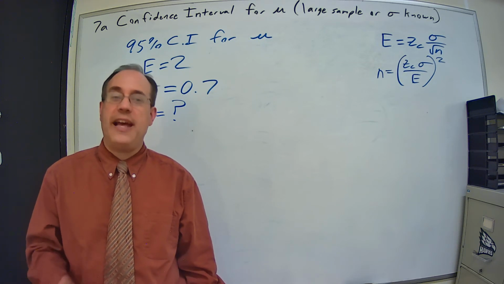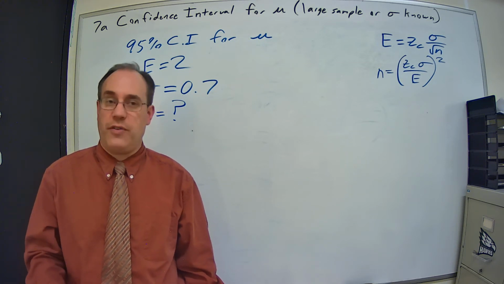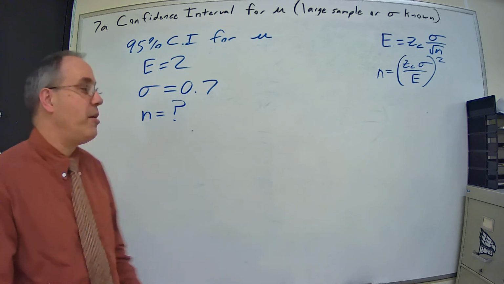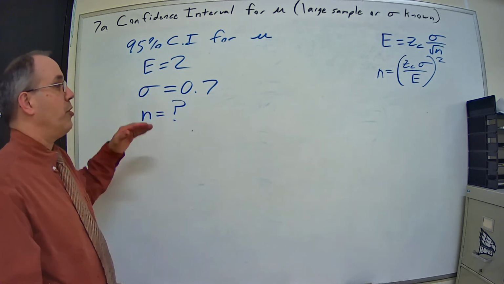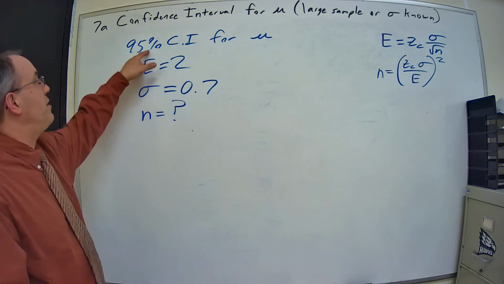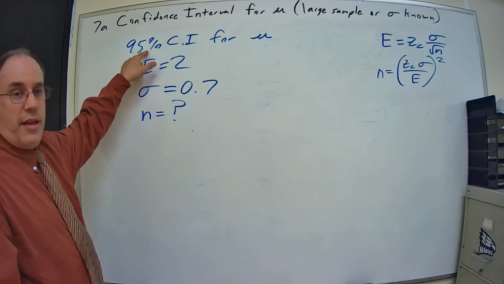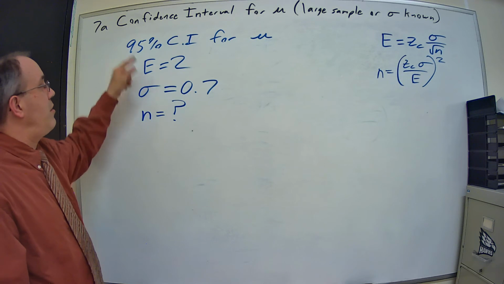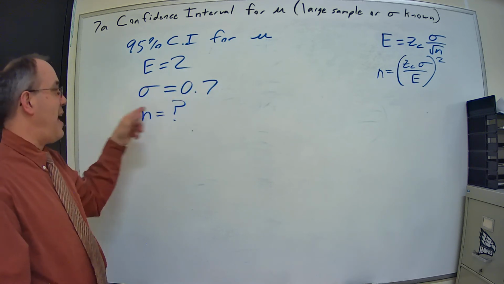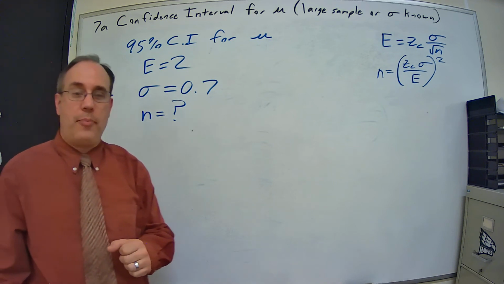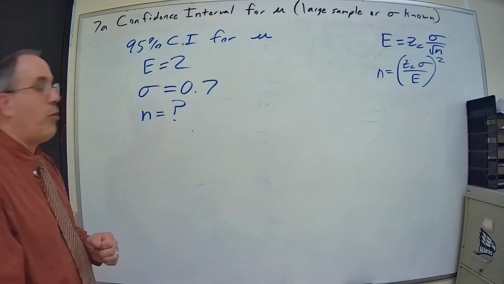And we don't want to spend any more than we have to or exert ourselves any more than we have to. So we want to minimize our sample size. We want the bare minimum that will allow us to meet these criteria: a 95% confidence level, and a margin of error of 2, given that our population standard deviation is 0.7.